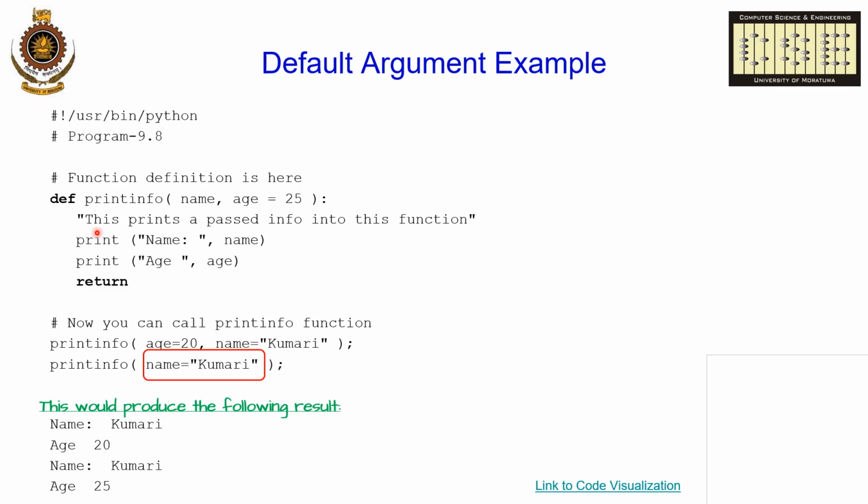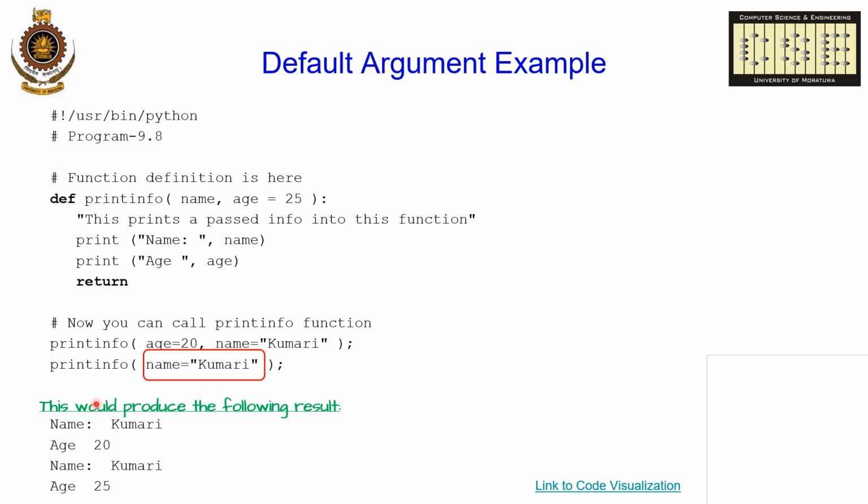As before, we just print the name, say name and print name. The next line, say age and print age. In the main Python program, we are calling this print info function twice. First time, this should look familiar. We are passing keyword arguments, age equals 20, name equals Kumari.